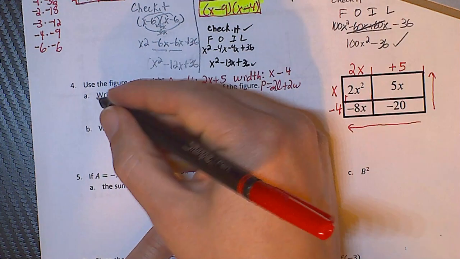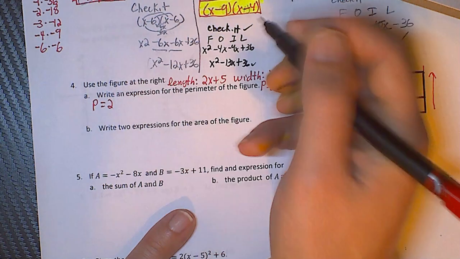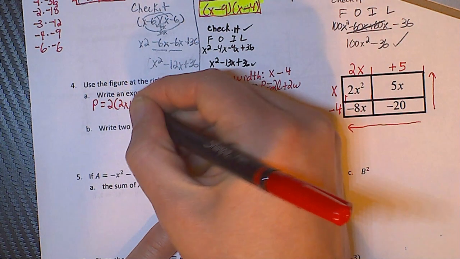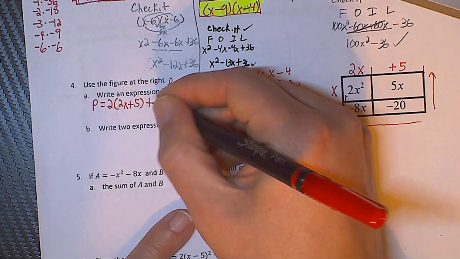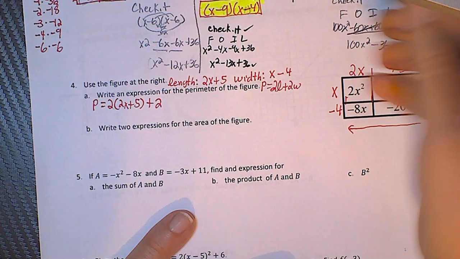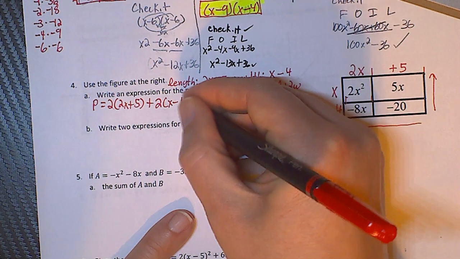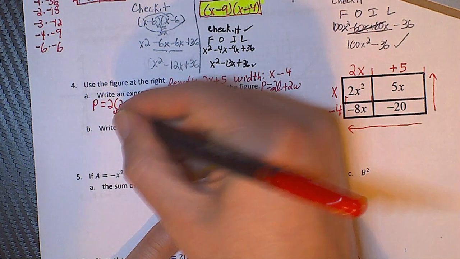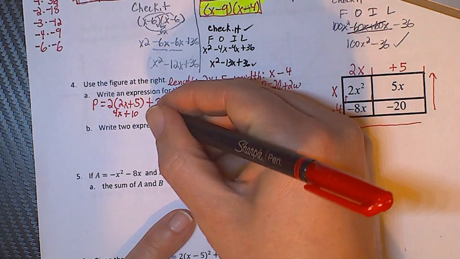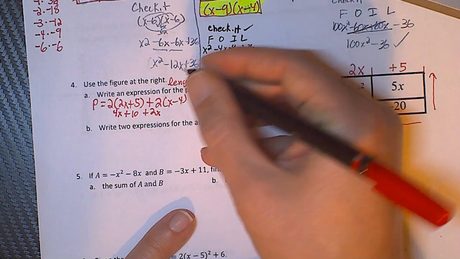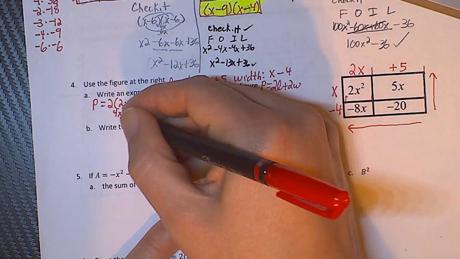So we're going to do 2 times the length plus 2 times the width: 4x plus 10 plus 2x minus 8.